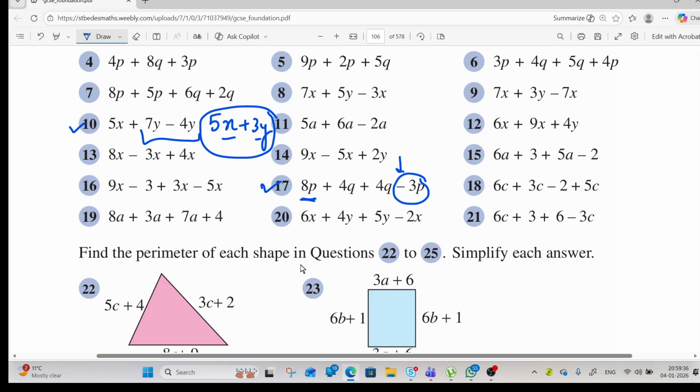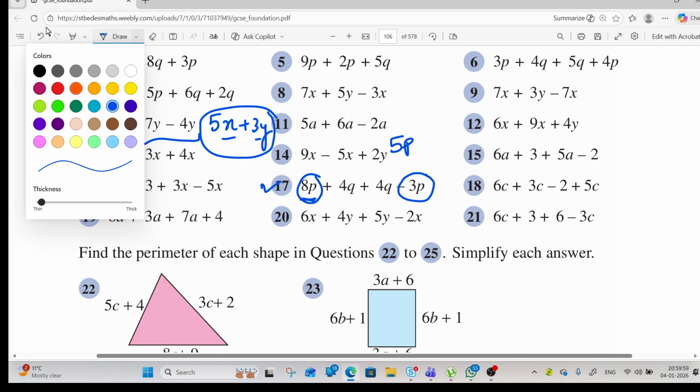You can see there is a negative sign, right? So you would do 8p minus 3p, which is 8 minus 3. 5. Yes, 5p.